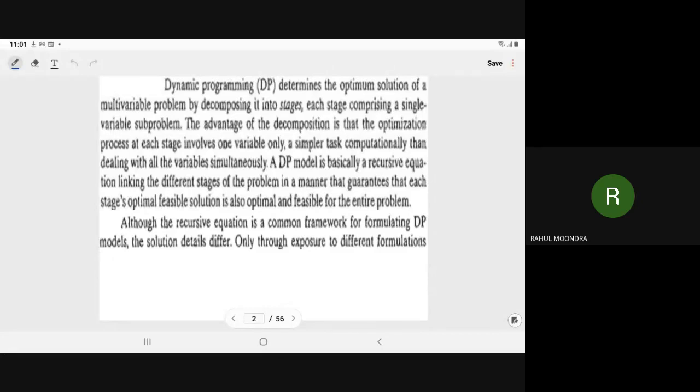If we have a problem of n variables, then in n stages we can decompose our problem, right? And in each stage we consider only one variable.